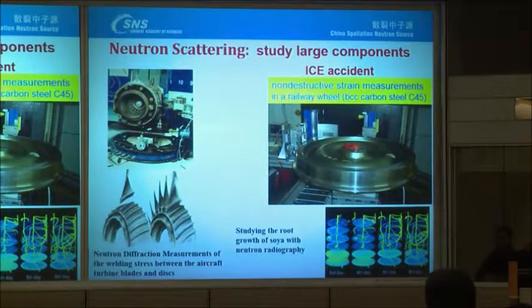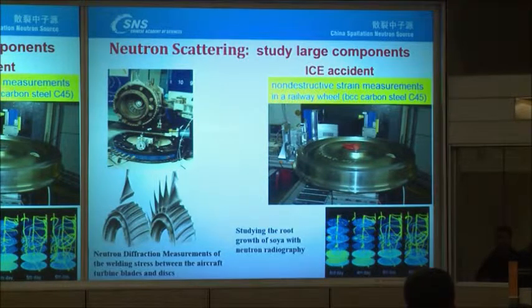Another advantage of neutron scattering is that the neutron has bigger penetrating power. They can study a large component. German ICE had a big accident in 1998. Finally, to understand what was happening with the accident, the railway wear was actually the problem.